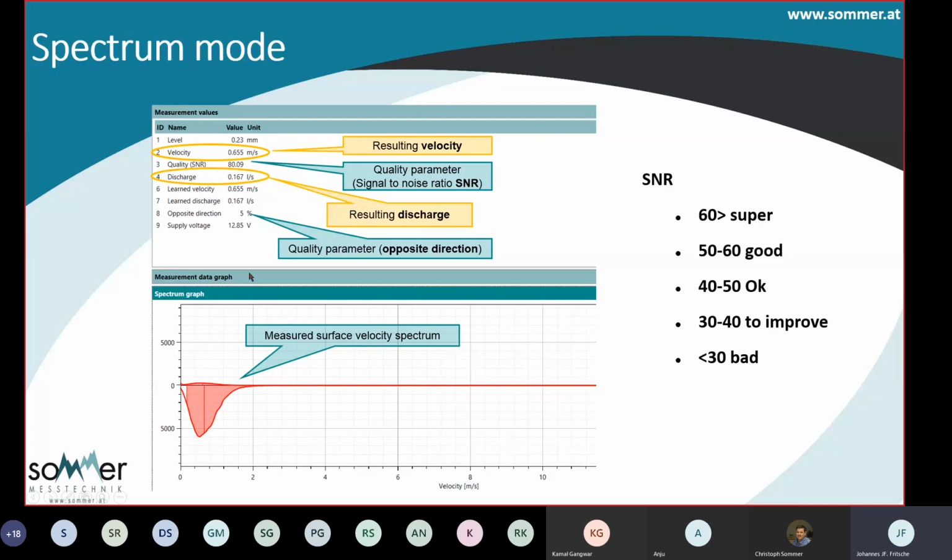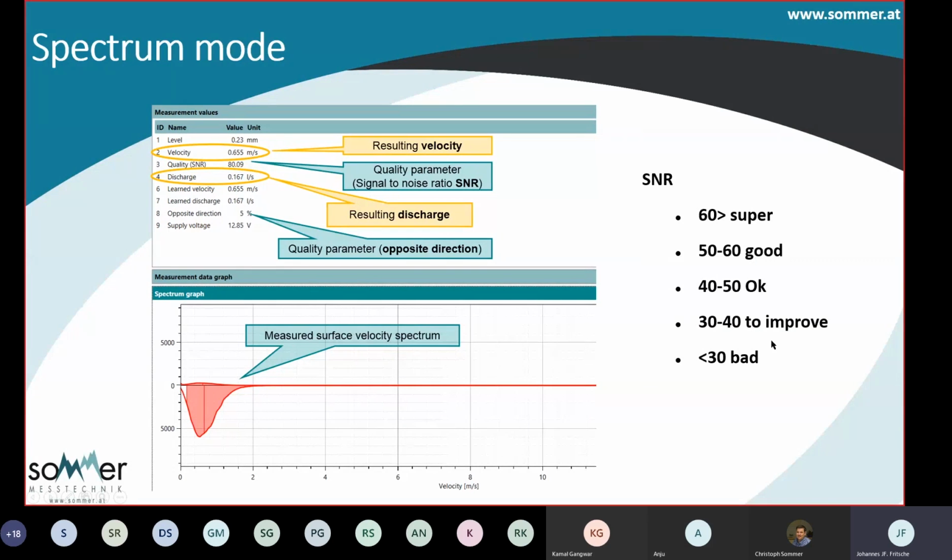Regarding the quality, the signal to noise ratio, in this example we have a value of 80, that is very good, and usually values above 60 are super values, so a good velocity measurement. 50 to 60 is still good, 40 to 50 is sort of okay, and 30 to 40 is a value that you should probably improve to get a better reading of your velocity.